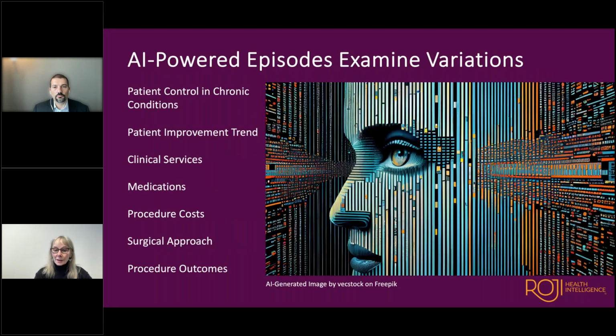You can look at episode variations, patients in control and chronic conditions. It's not simply a variation that is limited to cost. You can isolate patients with persistent poor control, because if you can use longitudinal data on patient values, you can get much more into the actual patient trend.